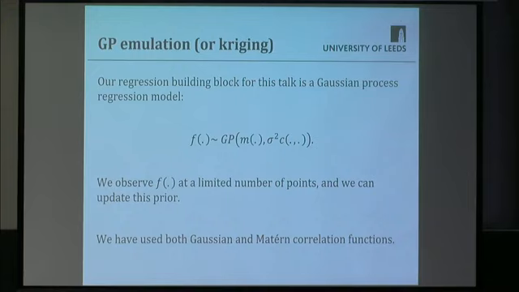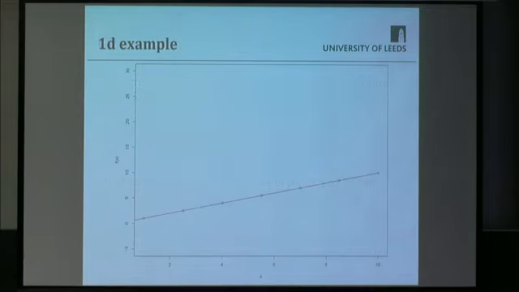Now, just to show you why we can't use standard Gaussian process models, I'm going to start with a nice 1D example. We've got some model, f of x, and it just happens to be a straight line. We vary x between 1 and 10, and I've evaluated this very expensive straight line function at 6 or 7 points.